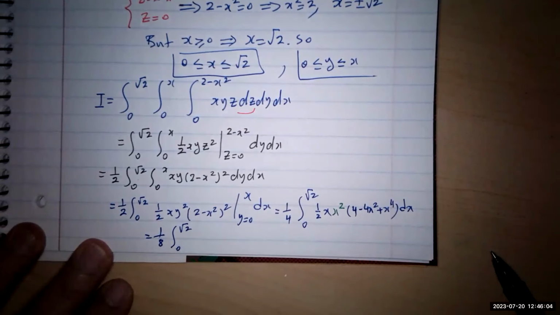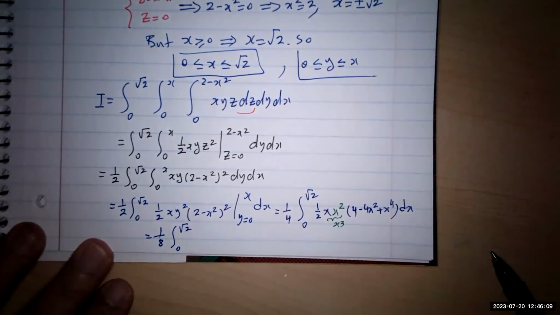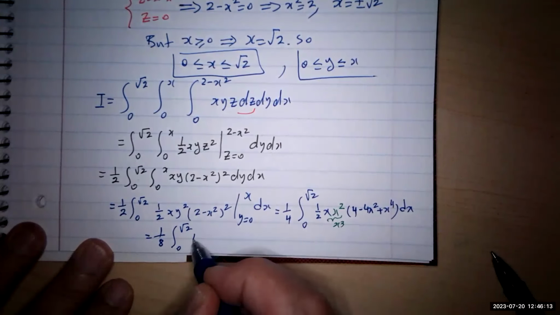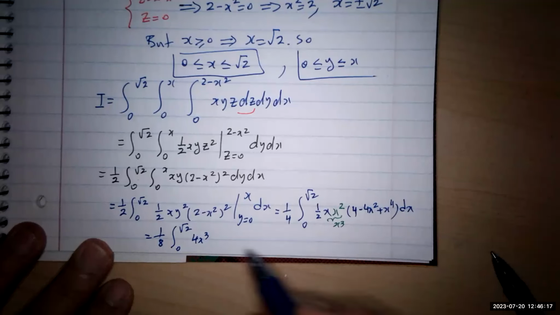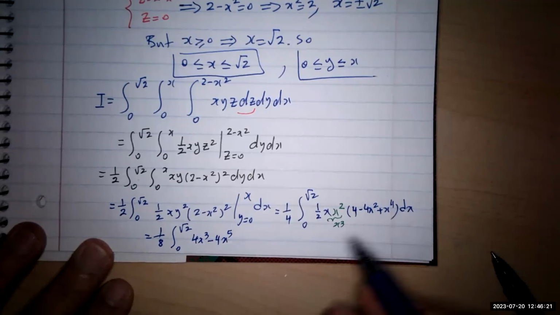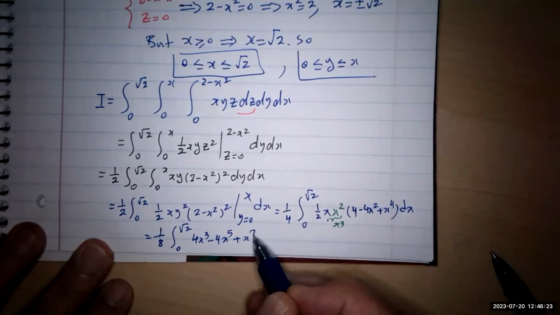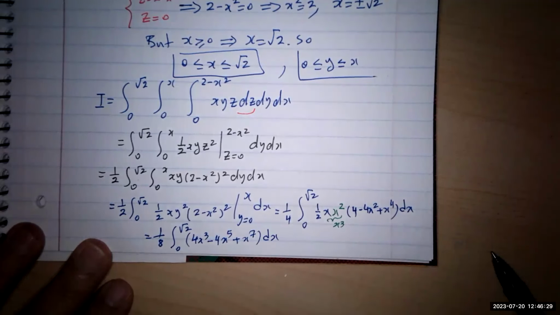Okay, so that would be an X cubed, and I multiply the X cubed inside, and then I integrate it. So that gave me 4X cubed minus 4X to the fifth, plus X to the 7, X to the 7 dx. Okay, so this can be easily done.